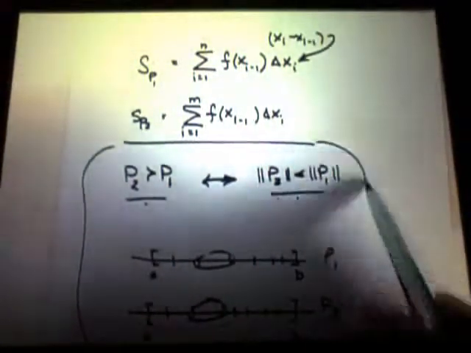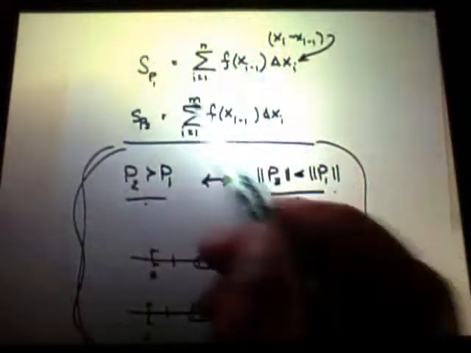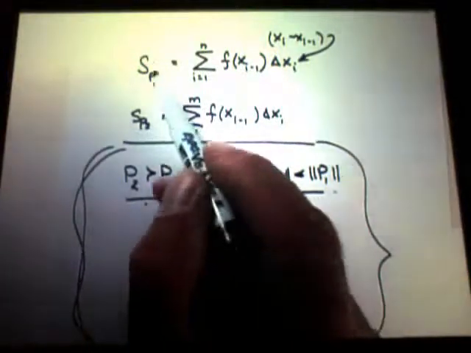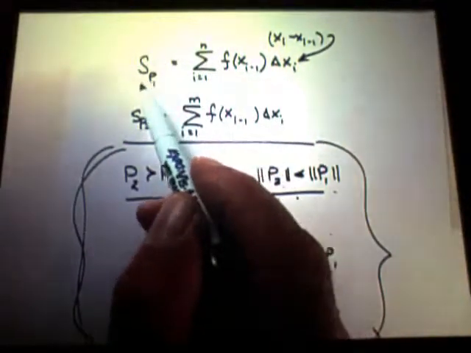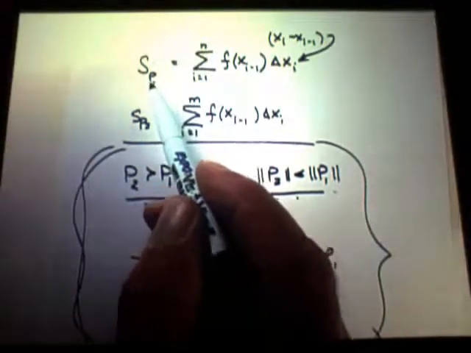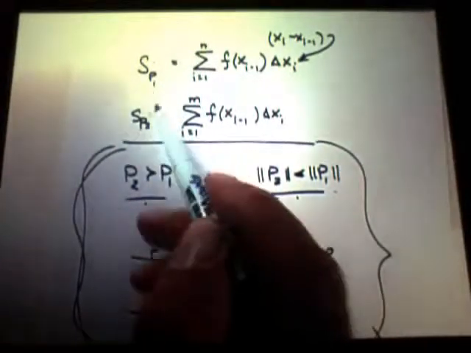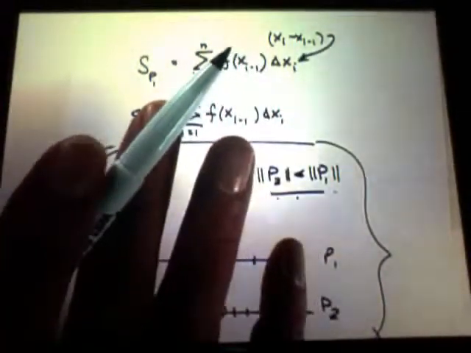I wanted to clarify what a refinement was. These two can be arbitrary. They have to share a and b, but other than that, the intermediate points can be totally different in both sets, P1 and P2, or they can be the same, and anywhere in between.